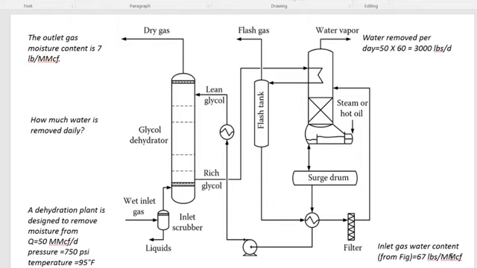So the million cubic feet cancels with million cubic feet, and the result is 3,000 pounds per day. So the water removed daily is 3,000 pounds of water per day. Okay, it's very easy. Thank you.